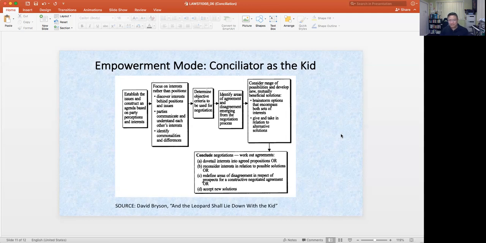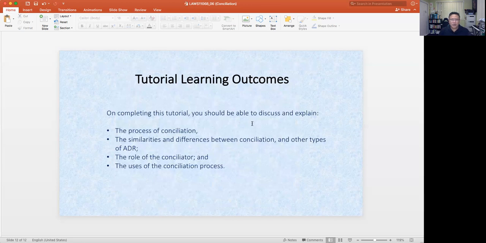It might be effective, of course, in the sense that it may be better for the conciliator to push the parties towards reaching a settlement on the basis of consideration both of what the law is and what their respective interests really are. But that's just an approach that is suggested by David Bryson. And so there we go.